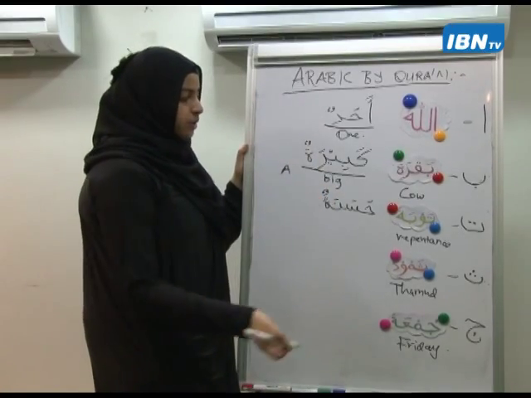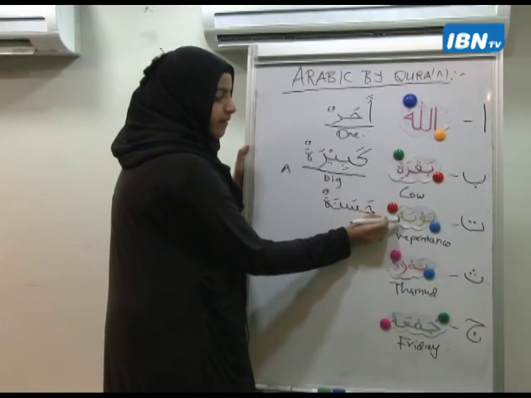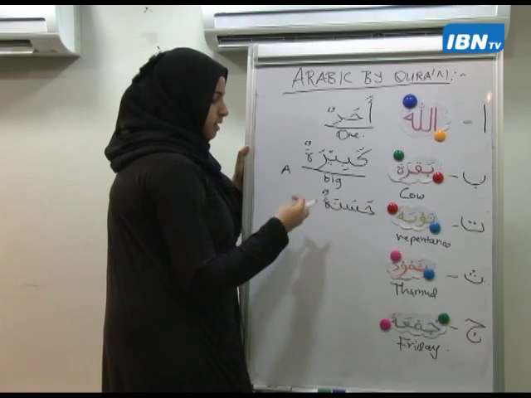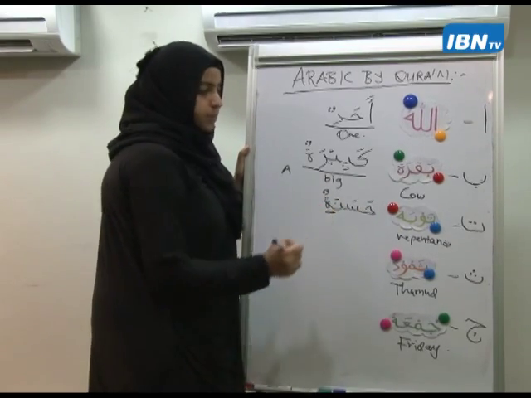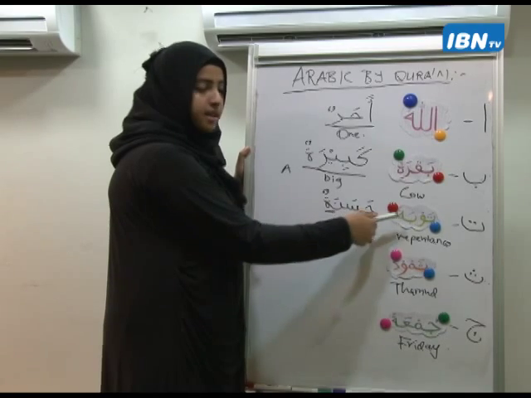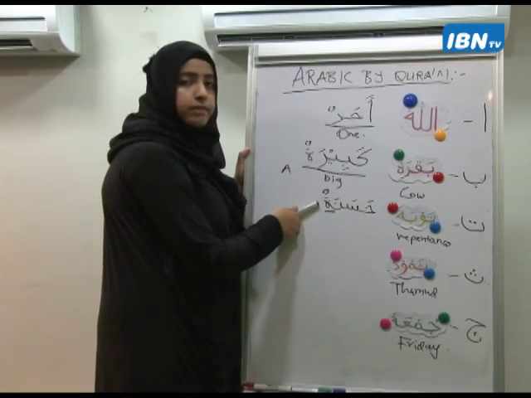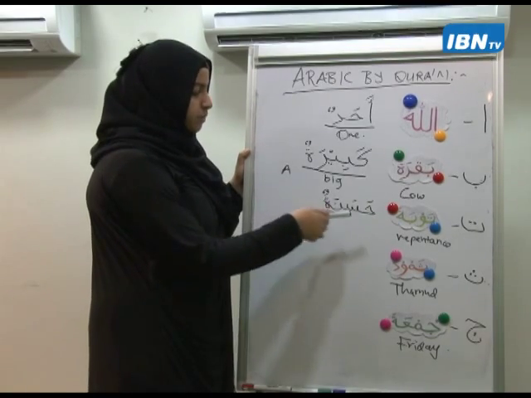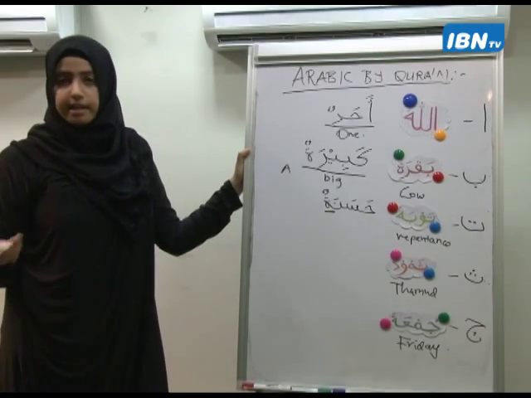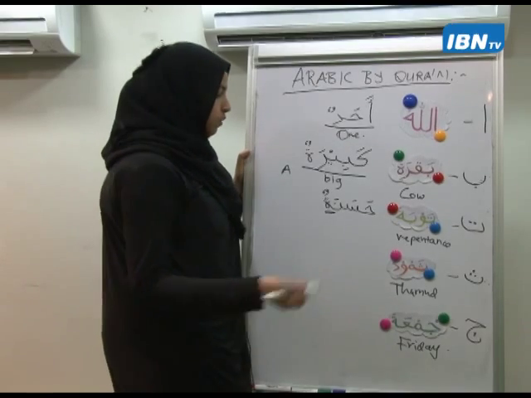Right. So we notice here we have a ta marbuta. Here we also have a ta marbuta. Noun, feminine. Adjective, feminine. Noun has ta marbuta, so the adjective will also have a ta marbuta at the end. And hasanatun, hasana means good.